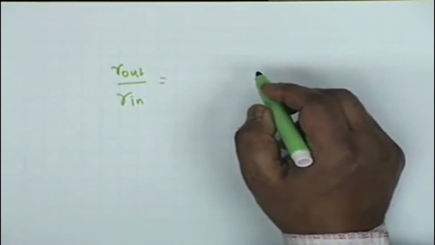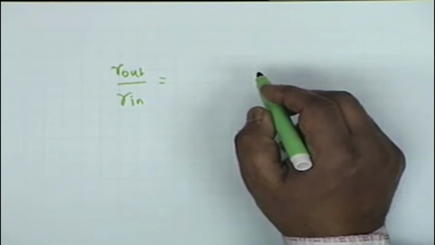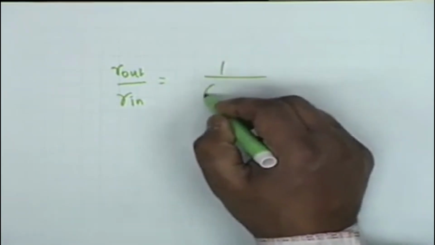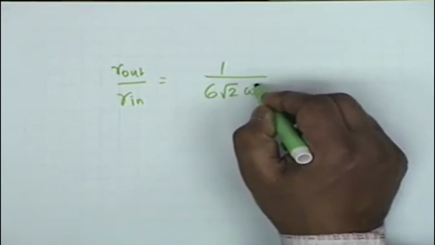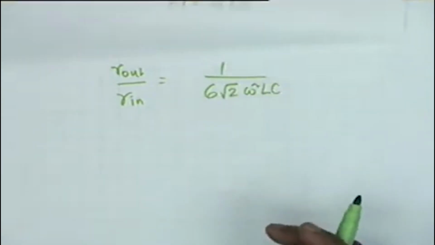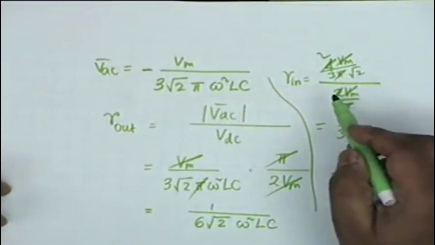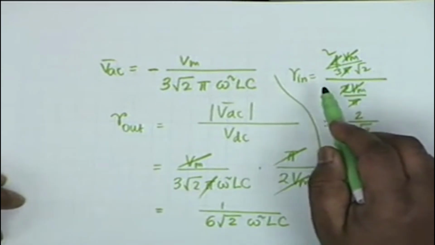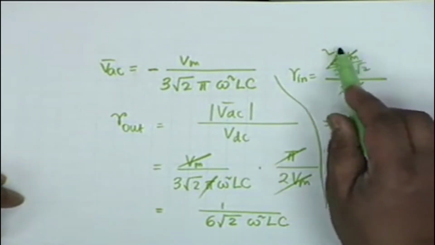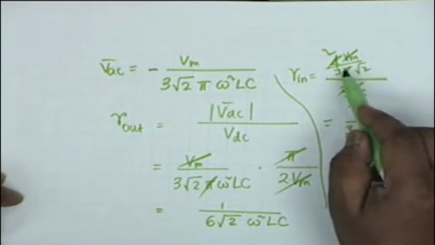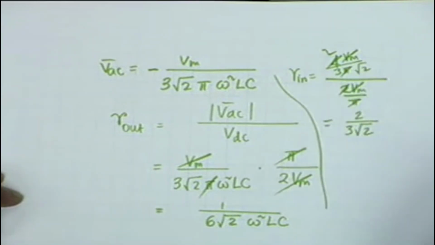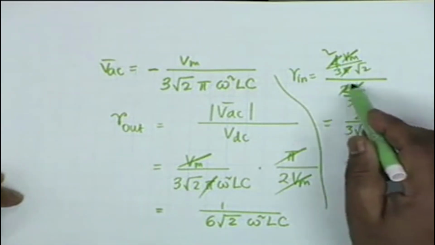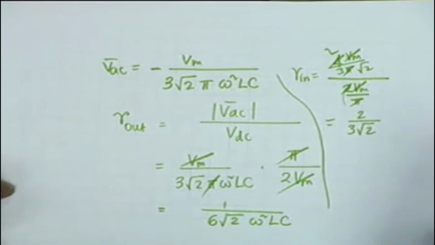Last step. The input ripple factor is V2H phasor, which is 4 Vm by 3 pi root 2, divided by the DC value 2 Vm by pi, which is 2 by 3 root 2.